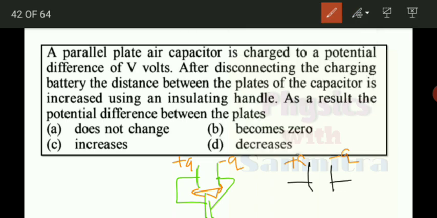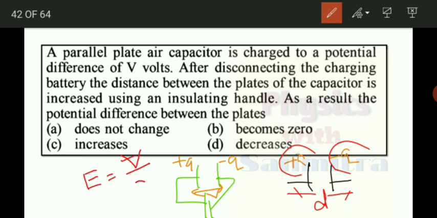Now the distance is increased by the insulating handle. Insulating means there is no leakage of charge. Since this distance is being increased, what is happening? See, this charge is constant. So now what will happen to the potential? That I have to see now. See, the electric field is constant, because the charge density is constant.